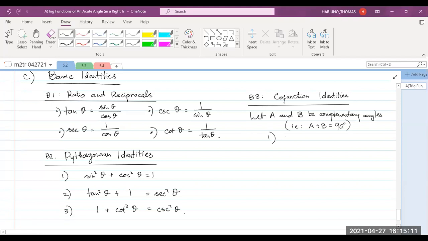Then the first one, sine A equals to cosine B. Tangent A equals to cotangent B. Secant A is equals to cosecant B. If they are complementary angles, then they are related by cofunction.